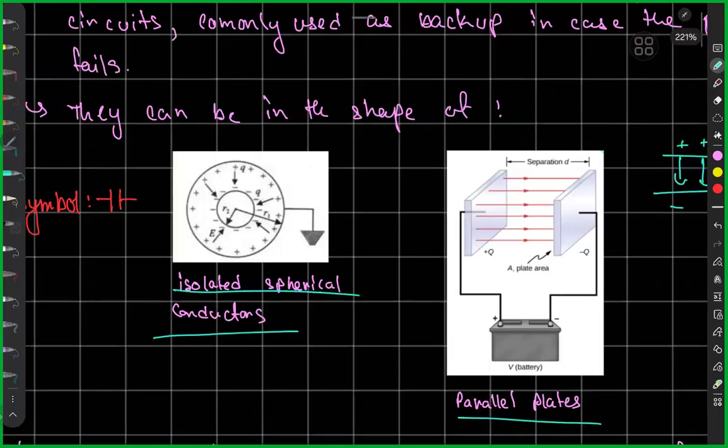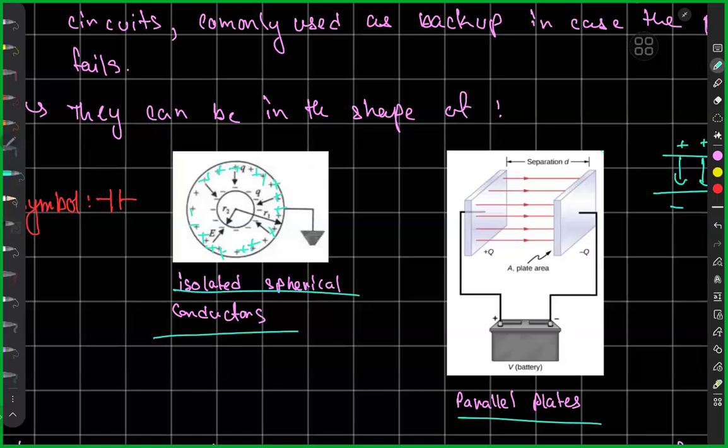So this is showing that the inside sphere has an accumulation of a bunch of negative charges, and a bunch of positive charges on the outer sphere. What has this done?